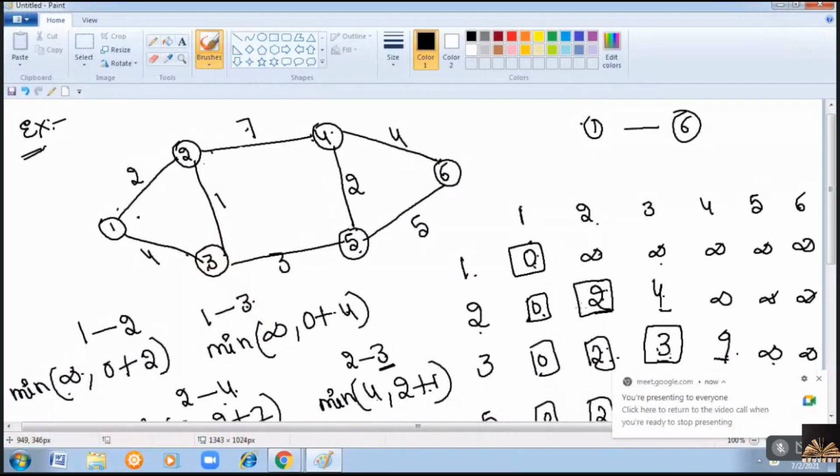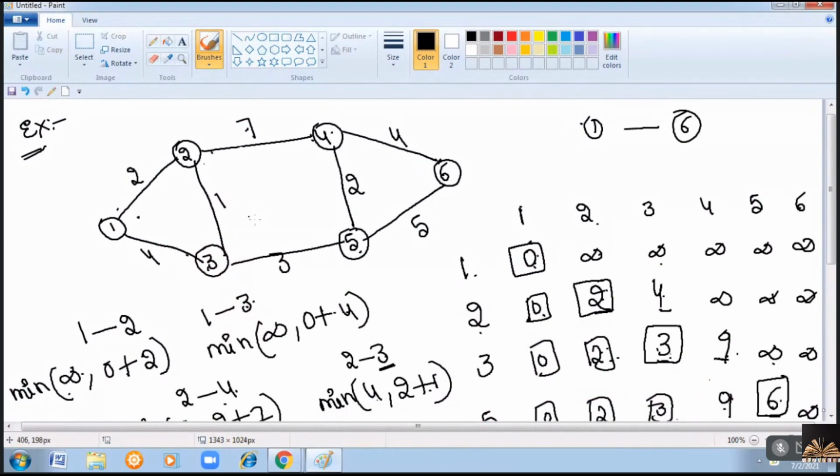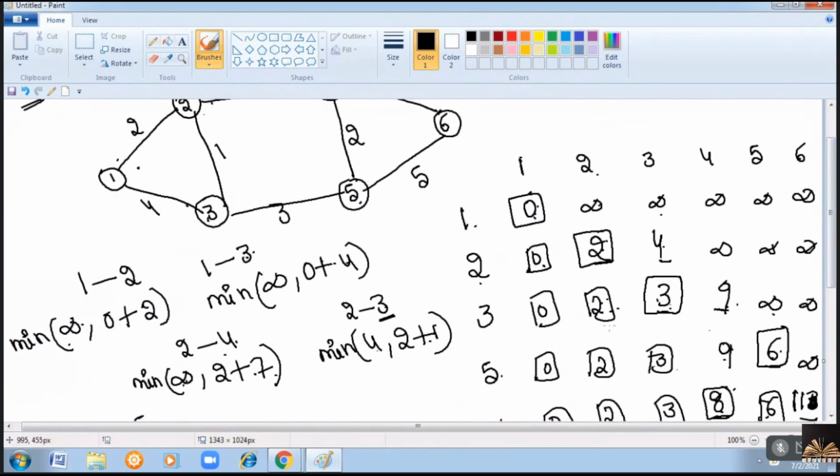Here you have marked 2 as permanent, right? So which is connected directly from 2? From 2, 4 is connected, 3 is connected. So in the next row, these two values may change. So remaining values will be infinity only. 5 and 6 will be infinity.